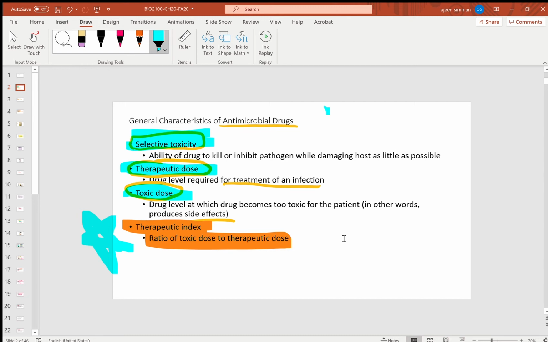Okay, very good. So again, in chapter 5, we talked about controlling microbial growth, meaning basically killing microorganisms in the lab. In chapter 20, we're going to talk about killing microorganisms inside the body, which is why we're talking about antibiotics.